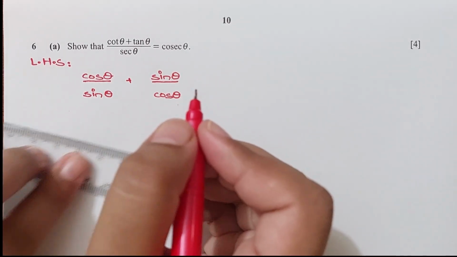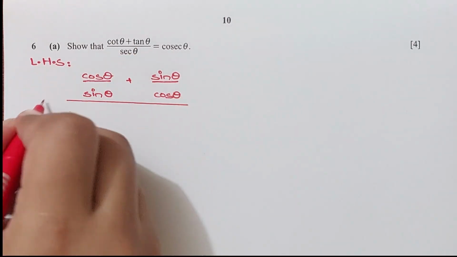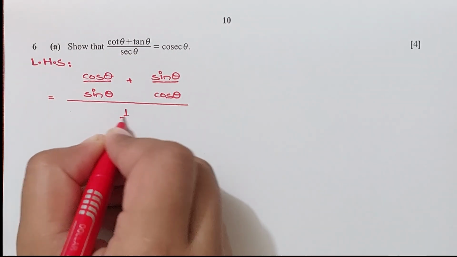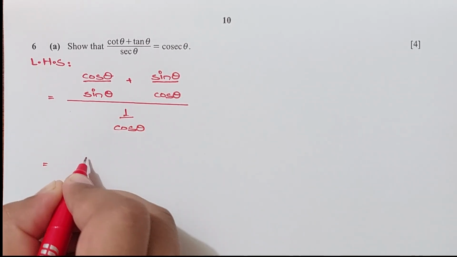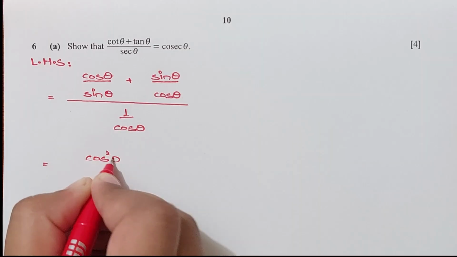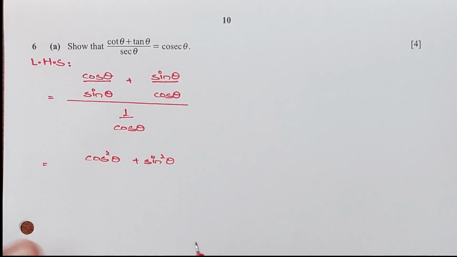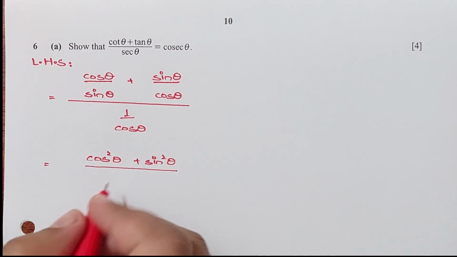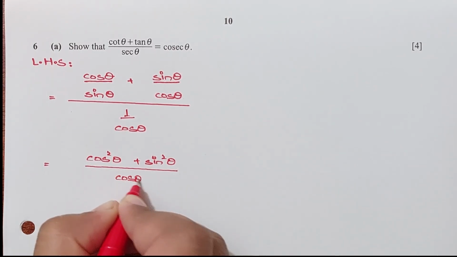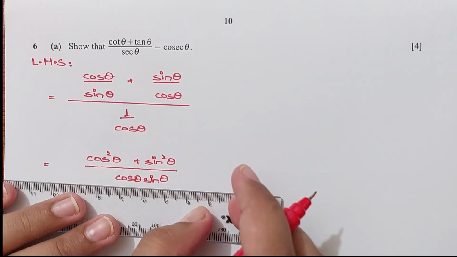And secant is 1 over cos theta. Okay, now let me take the LCM. This is cos square theta plus sine square theta divided by cos theta sine theta, and the whole divided by 1 over cos theta.